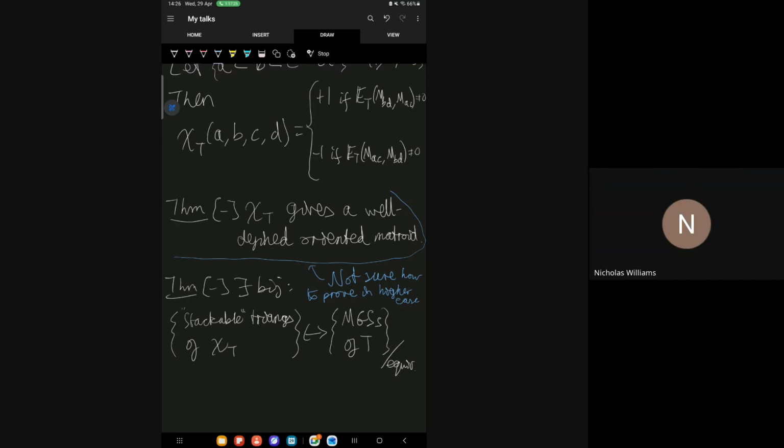The difference between the 2 categories is that in the cluster category you have more morphisms. If you kill those morphisms, then what you get is equivalent to the category of 2-term complexes, and that's a theorem of Gorsky-Nakaoka-Palu or something like that.